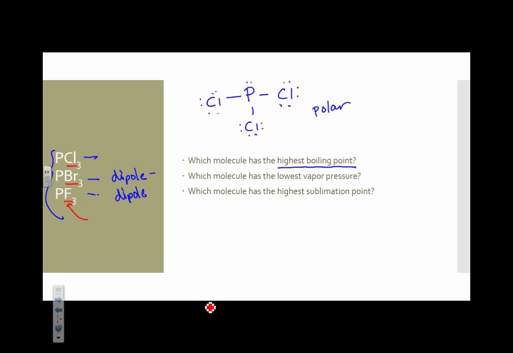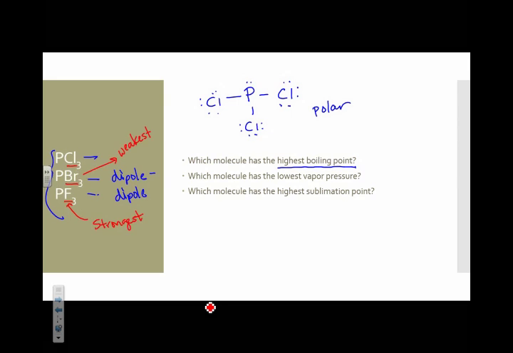And so, in theory, since they're all attached to phosphorus, we should see PF3 as having the strongest intermolecular attractive forces, and phosphorus tribromide as having the weakest. Now keep in mind we're speaking in theory here, based on what we know about electronegativities and about intermolecular attractive forces.